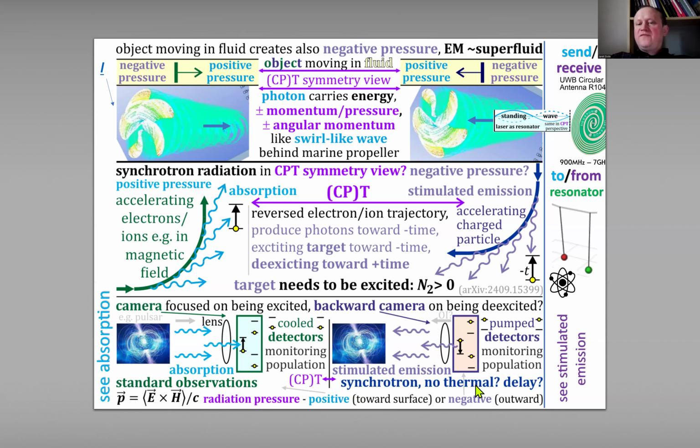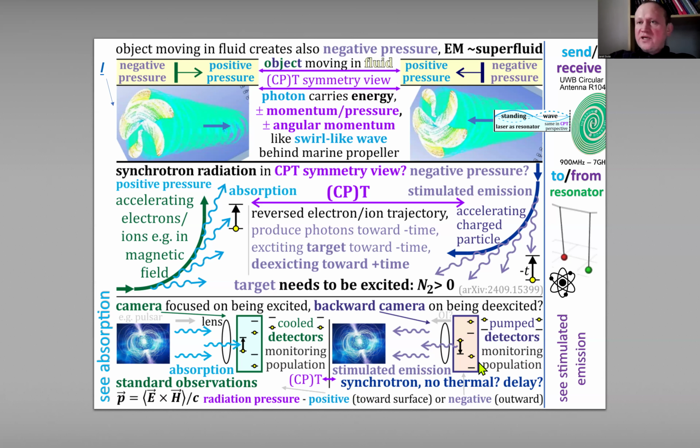So you'd need a detector which is constantly pumped, and we monitor its population. In both cases we monitor population. This way we should be able to find the strength of this kind of effect. In stars there could be, for example, synchrotron radiation; it's hard to avoid. So this way you should be able to construct a camera which can see synchrotron radiation, but probably not thermal radiation.